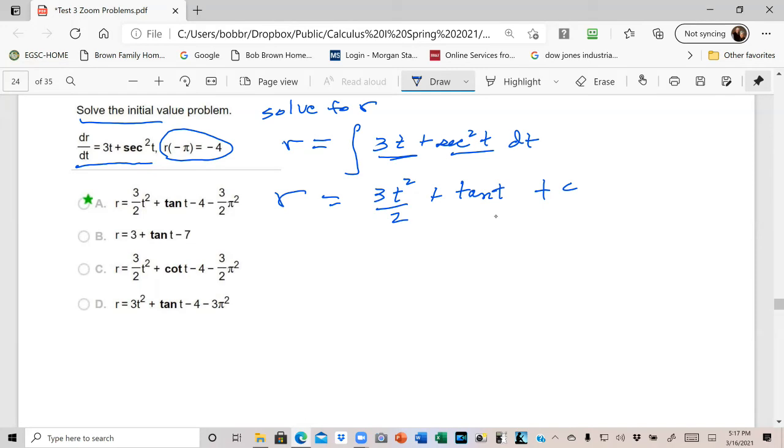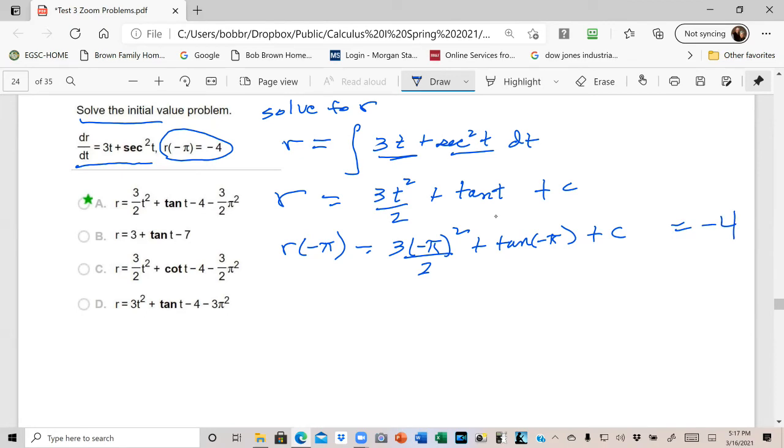And we're given that r at minus pi, we're going to plug in minus pi, and we get 3 times minus pi squared over 2 plus tangent of minus pi plus a constant, and we're told that this is minus 4.